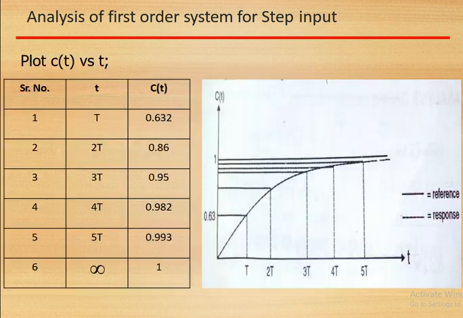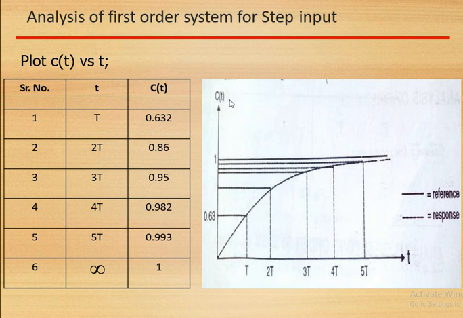Now let us see the next thing, that is the analysis of a first order system for a step input with the help of a plot of c(t) versus t. Here it is a time domain output. Again I am repeating, we are not talking about the Laplace transform domain, we are talking about the time domain here because it is c(t).